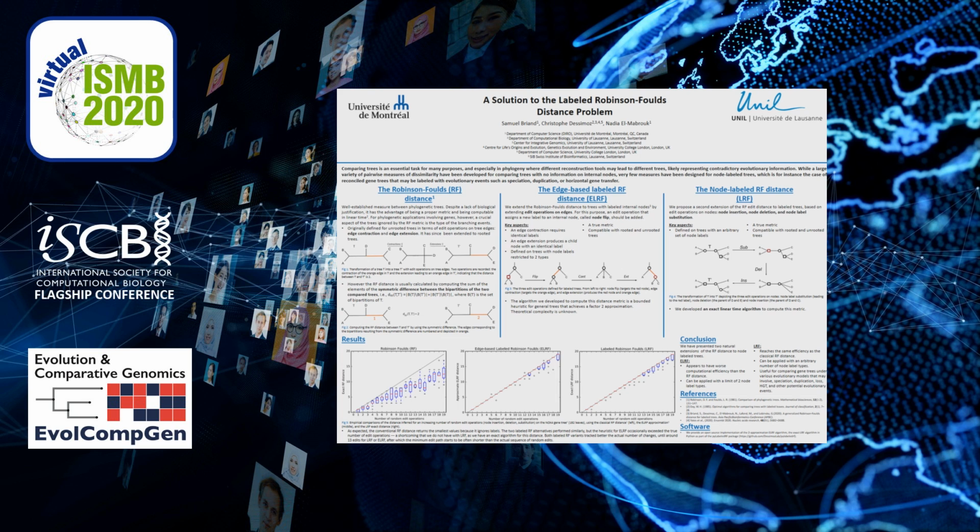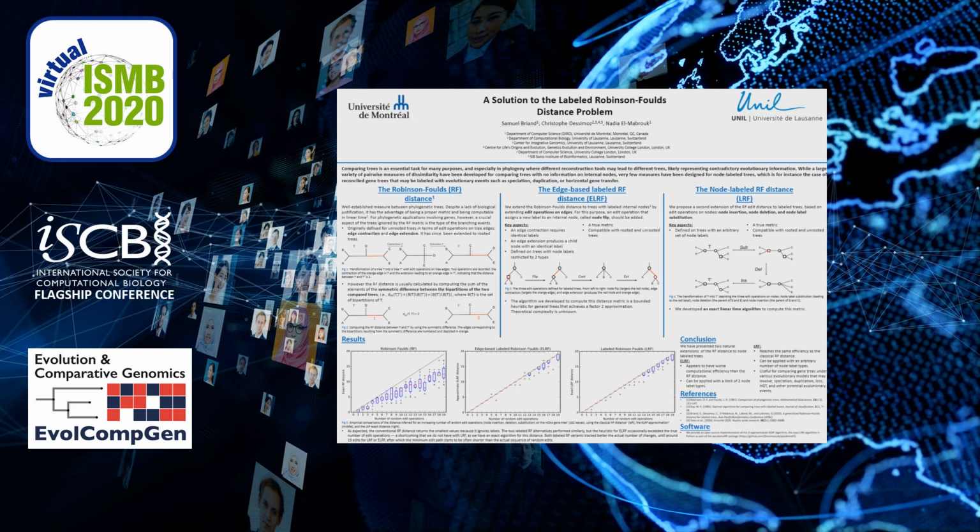We have presented two natural extensions of the RF distance to node label trees. On one hand, we have ELRF, which appears to have worse computational efficiency than the RF distance, and which can be applied with a limit of 2 node label types.